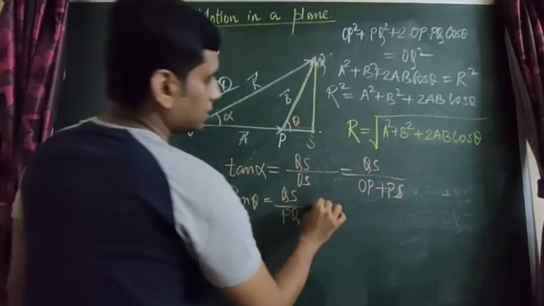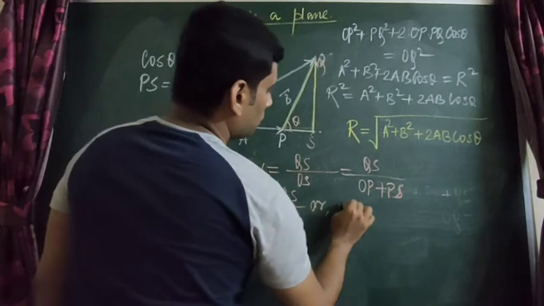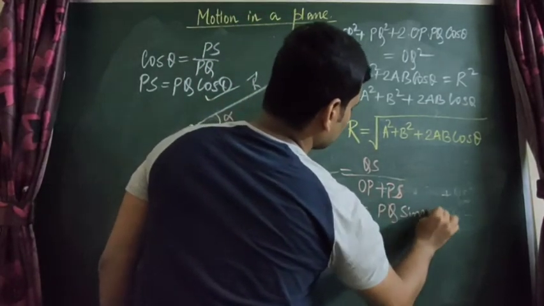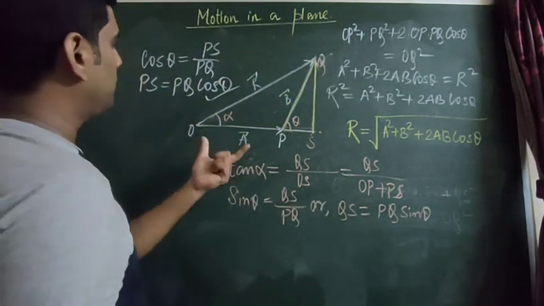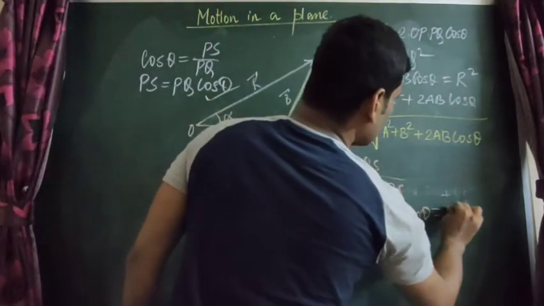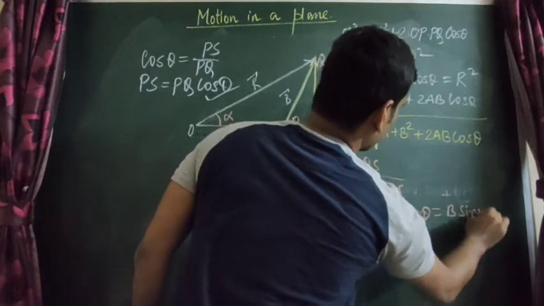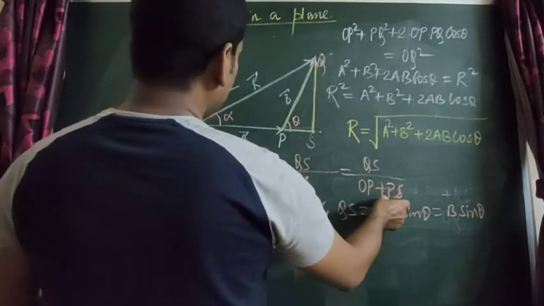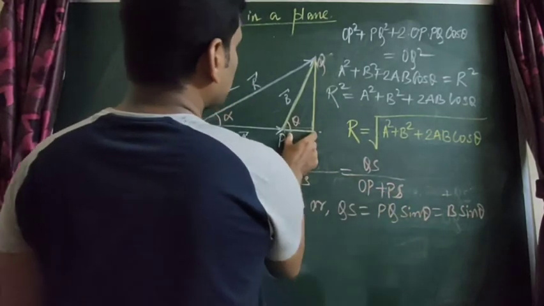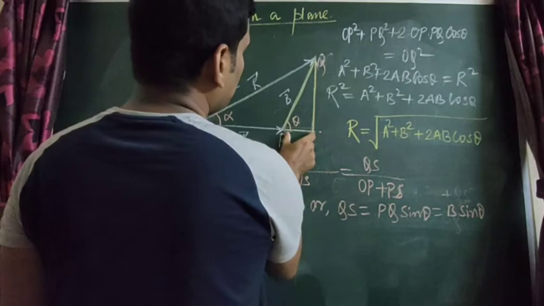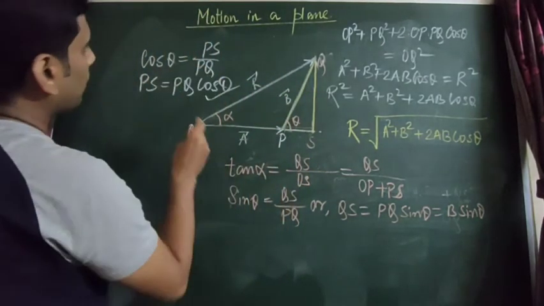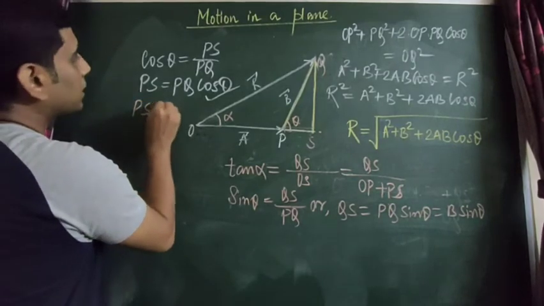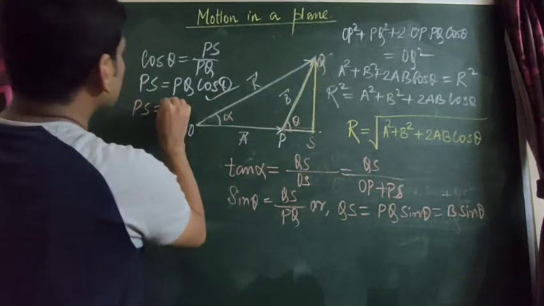Right? So from this, QS equals PQ sin theta. PQ means B, so it comes as B sin theta. And PS, if you remember previously, we have got PS as PQ cos theta, which is B cos theta.